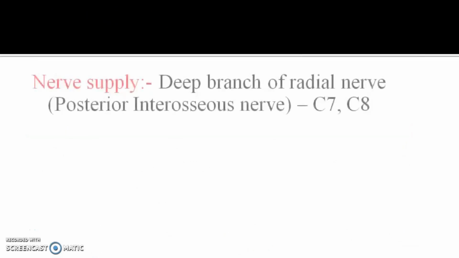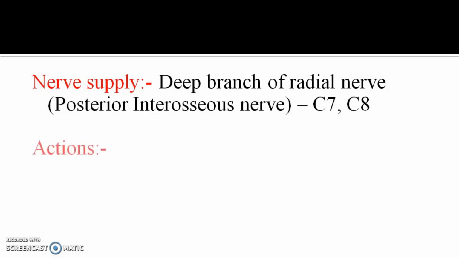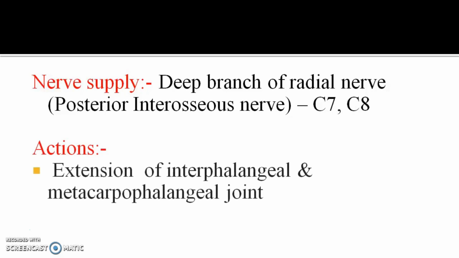And talking about its nerve supply, this is again supplied by the deep branch of radial nerve, that is posterior interosseous nerve, which is carrying fibers of C7 and C8. Then we have the actions carried by this muscle, that is extension of interphalangeal joint and metacarpophalangeal joint.